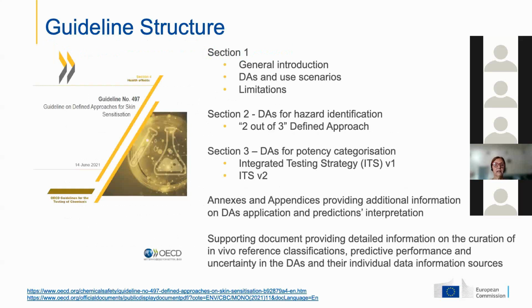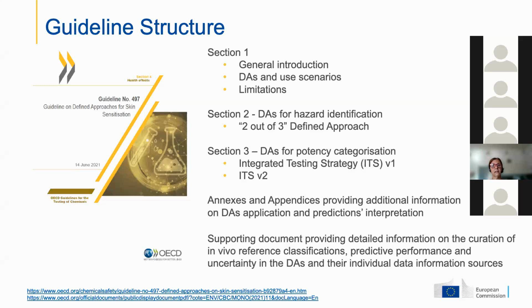Next slide. Now let's see how the guideline is structured. The guideline is divided in sections. In section 1, you will find a general introduction, the DA's proposed use and use scenarios, and the limitation of the DAs. Section 2 of the guideline include the DAs which are proposed for hazard identification. Section 3, the DAs proposed for potency categorization.